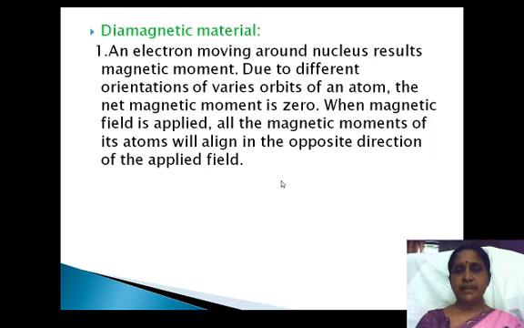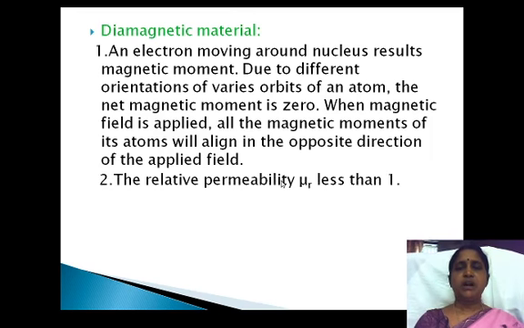In the absence of a magnetic field, the orientations are different, so the net magnetic moment is zero. When we apply a magnetic field, all the magnetic moments of the atoms align in the direction opposite to the applied field. Those are called diamagnetic materials.